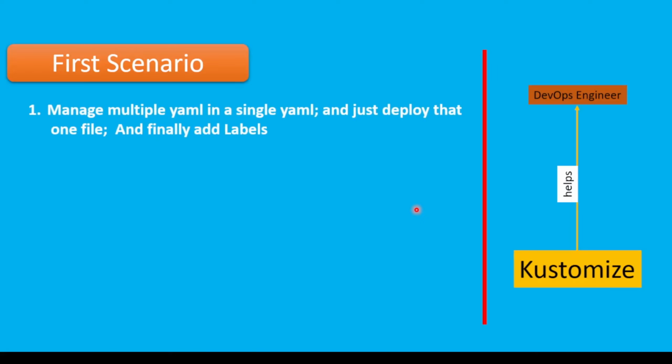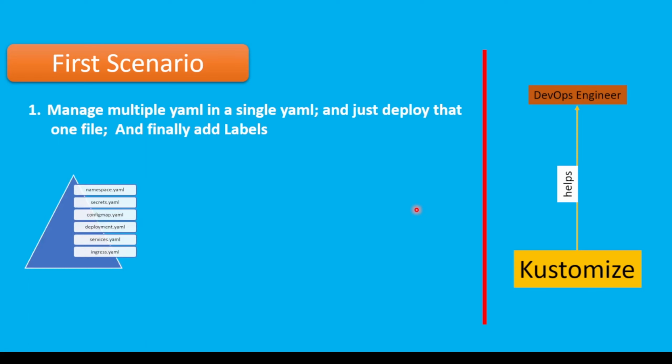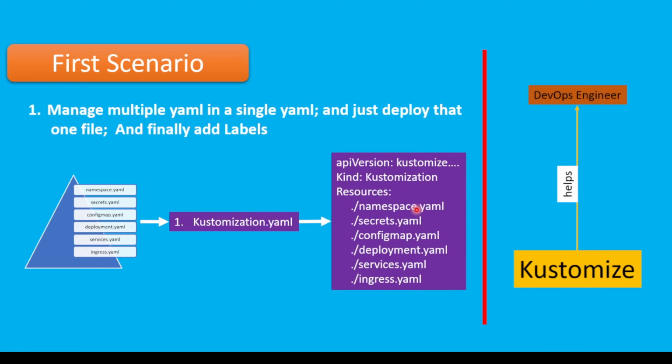So in a real-time application, for you to deploy, you need to have multiple YAML files, and these YAML files can be like your namespace, secrets, config map, deployment, and so on. It's very hard for you to execute one after the other. It is time consuming. Instead, you can enclose all these YAML files into a single YAML file like this.